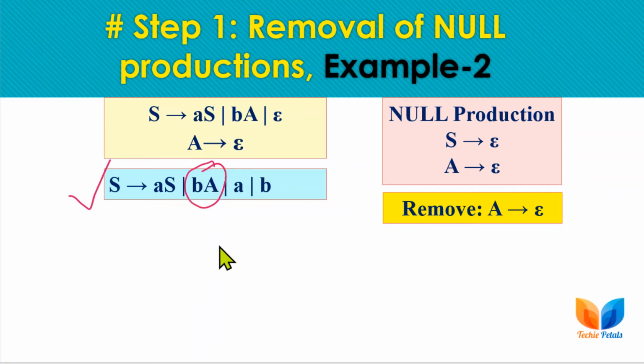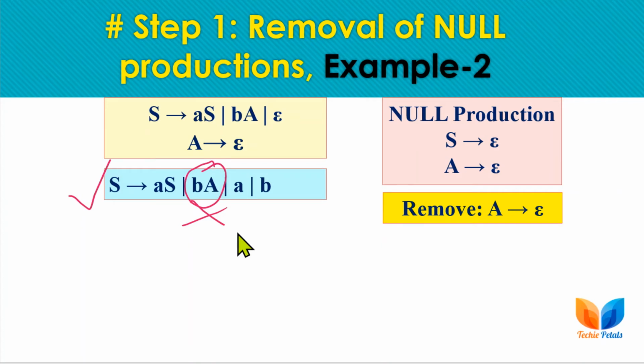As A is not deriving any string of terminals, A is useless here. If A is useless, this production rule is also useless. So we can easily remove this production rule from the grammar, as if we use this production rule in any sentential form, even then we will not be able to derive any string of terminals.